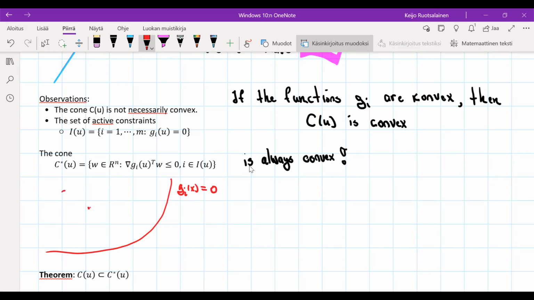And here if we have a z, it has the property that Gi z is less than 0, because it is inside. Then you can go in by continuity. You can go into any direction, a small step, and you are still inside the cone of feasible directions.